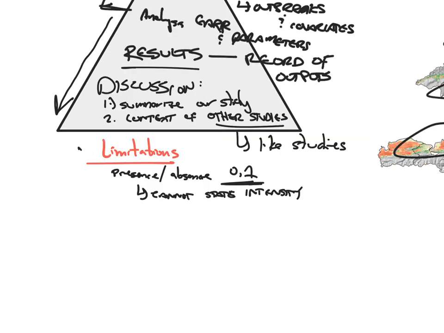What's important to keep in mind about limitations is that limitations are a reality and not necessarily a deal breaker. So limitation sections should be framed: we had limitations, however, there are limitations to this study.